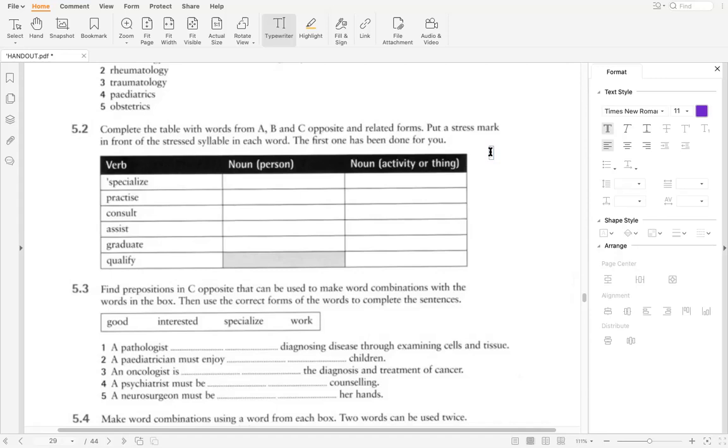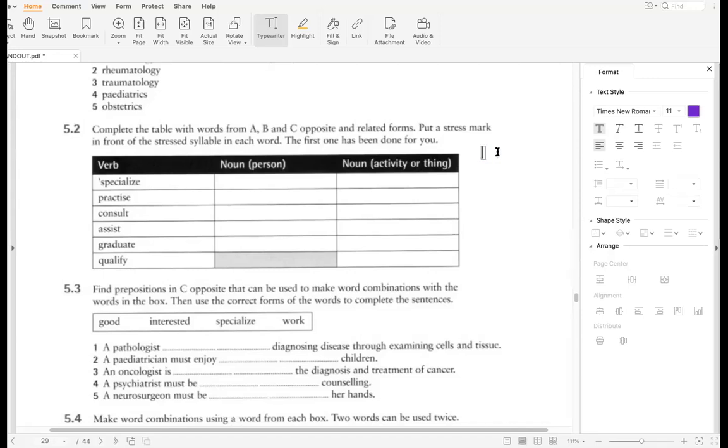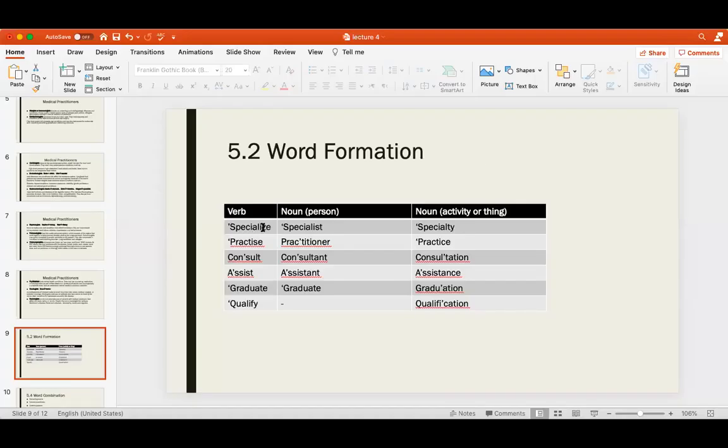So we have specialize. What is the noun that we will say? The noun that refers to the person who does the verb, and the noun which is the activity or the thing itself. Let's take an example. We have specialize. The noun is specialist, the person, متخصص, and speciality, تخصص.